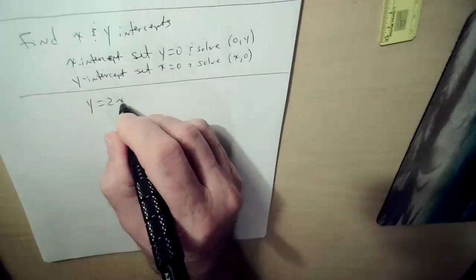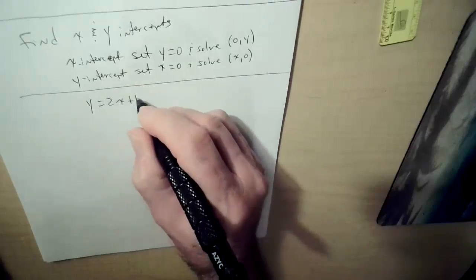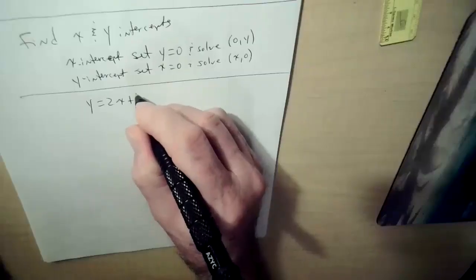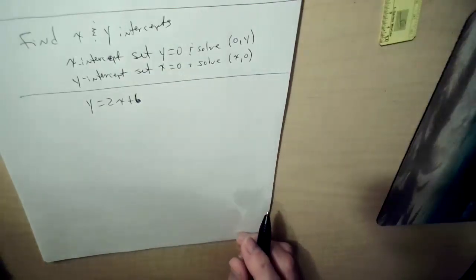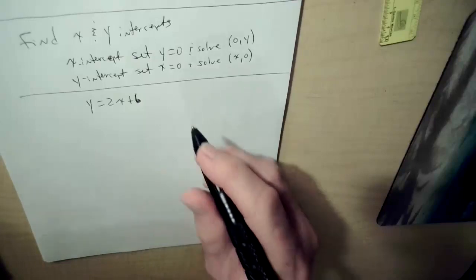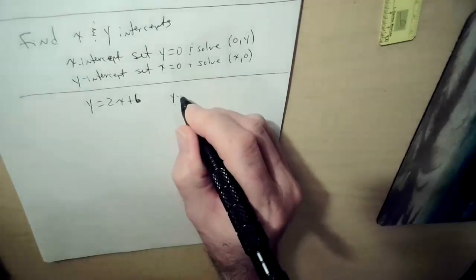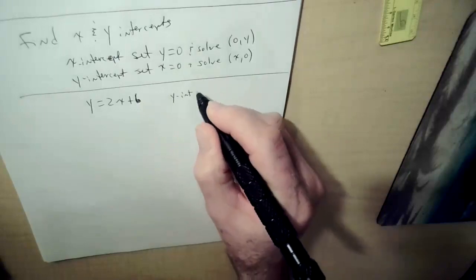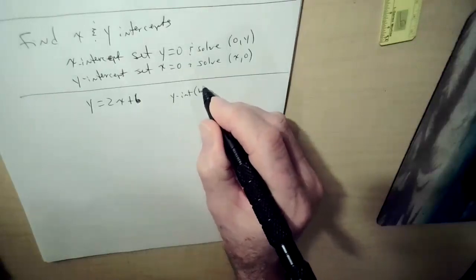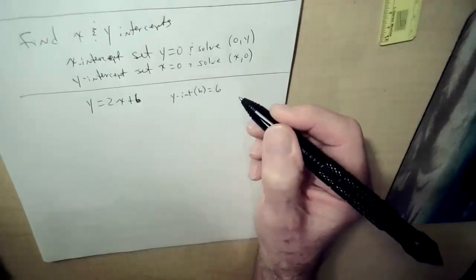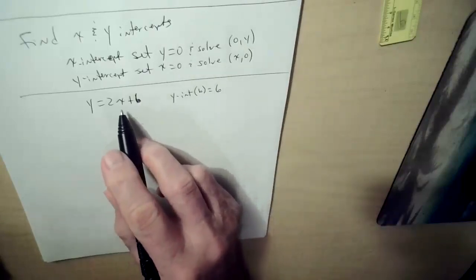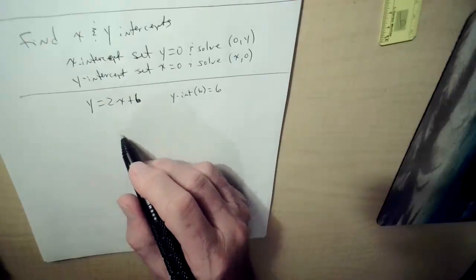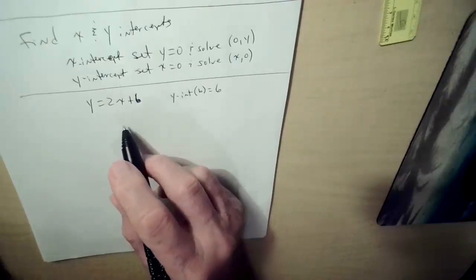But what if you have y equals 2x plus 6? We already know what the y-intercept is, right? The y-intercept, or b, is 6.